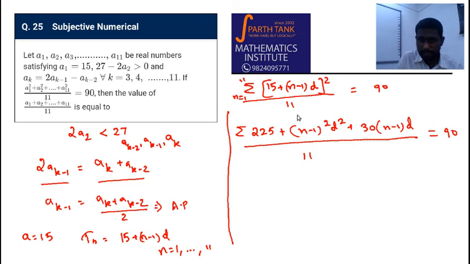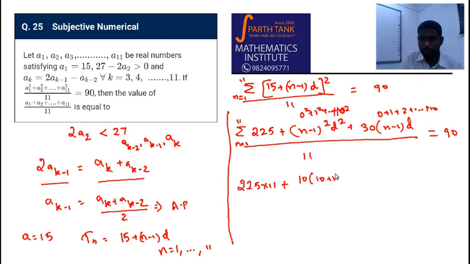Now if you see this, (n minus 1) the whole squared is 0 squared plus 1 squared, because n goes from 1 to 11, up to 10 squared, and this is going to be 0 plus 1 plus 2 up to 10, right? So this 225, 11 times when you add it becomes 225 into 11, and this is the summation of 1 square, 2 square up to 10 square. So that is n(n plus 1)(2n plus 1) by 6 d square, and then here I have 10 into 10 plus 1 by 6.